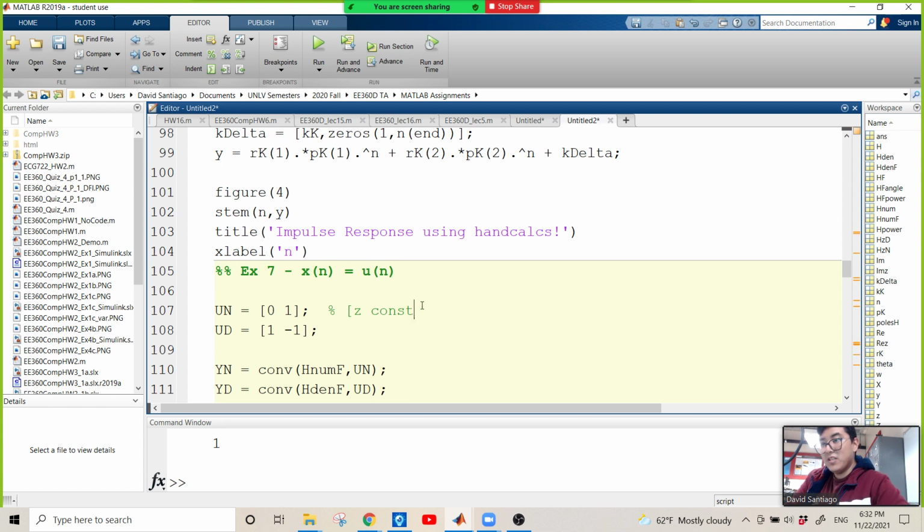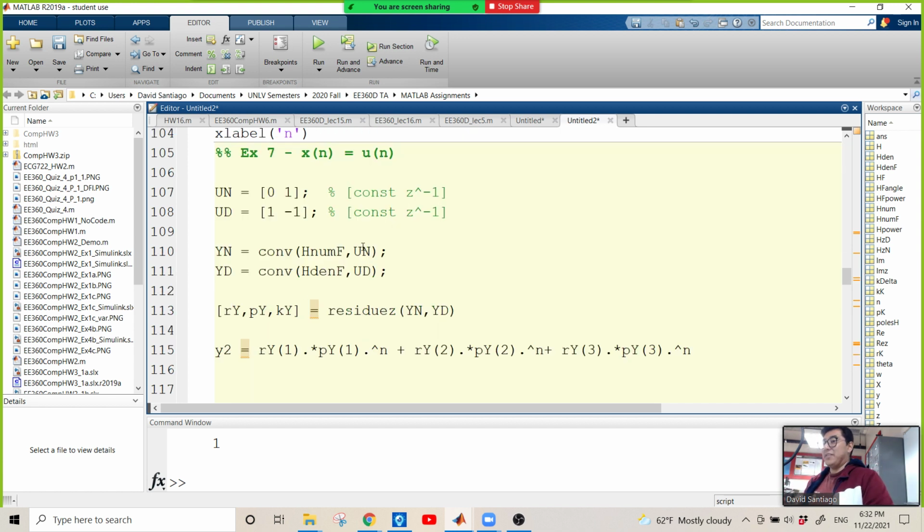And this one right here is also z and a constant. No, wait, I'm writing it backwards. Constant, z to the minus 1, z minus 1. Cool? And then you just convolve. Easy. And there's nothing to convolve with the numerator because it's just a constant.